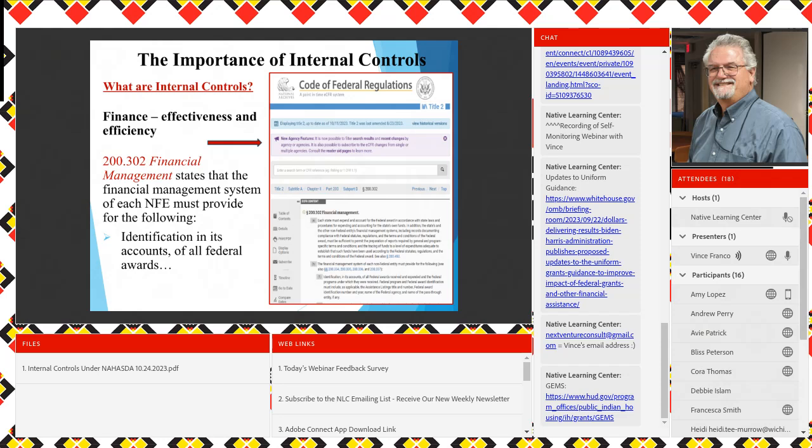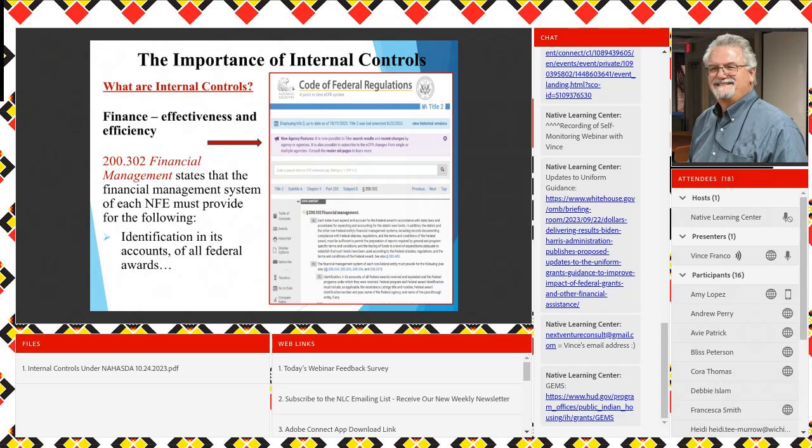So what would that be? Things like cash management. Anytime we have transition of funds or use of funds or finance, then we need to have policies and procedures in place.